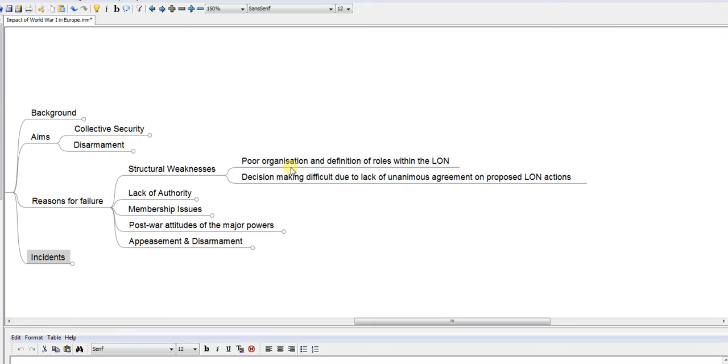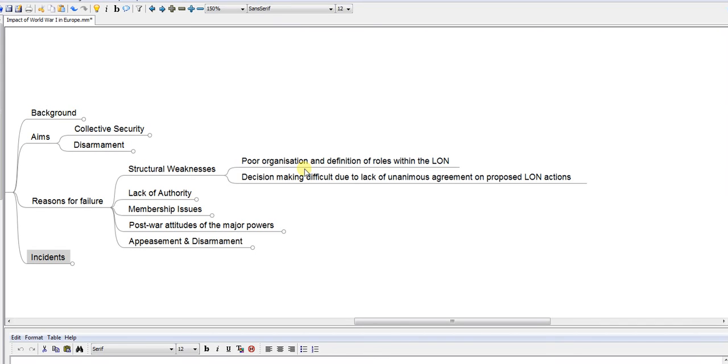Firstly, there was poor organization, and the definition of roles within the League of Nations was not very clearly defined. Often the secretariat, which was basically the one that took notes and planned for meetings, didn't have a very clear role and was very disorganized. Also the council, the main council itself, and the General Assembly, their roles were also not that clear.